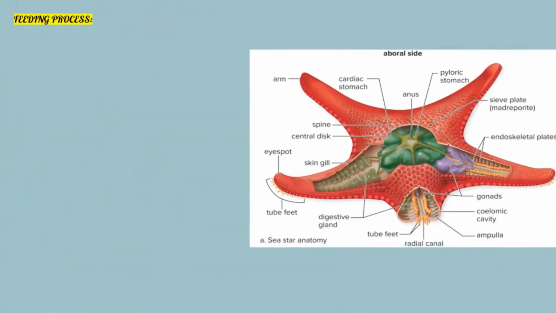So next is the feeding process for the sea stars. Firstly, the sea star positions itself above a bivalve. So it wants to eat the bivalve, so it will go to the bivalve and put itself over it, like in the photo just now.